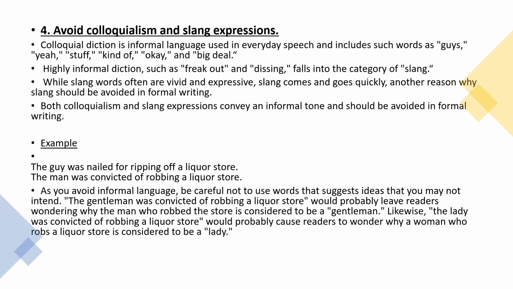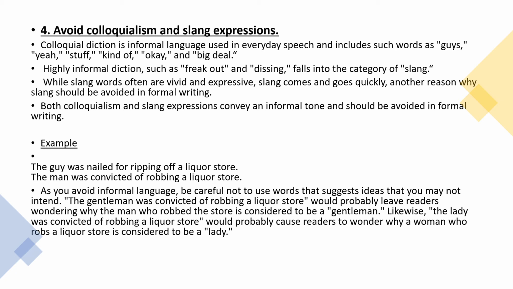Colloquial diction is informal language used in everyday speech and includes words such as yeah, stuff, kind of, okay, and big deal. Highly informal diction, such as freak out and dissing, falls into the category of slang.